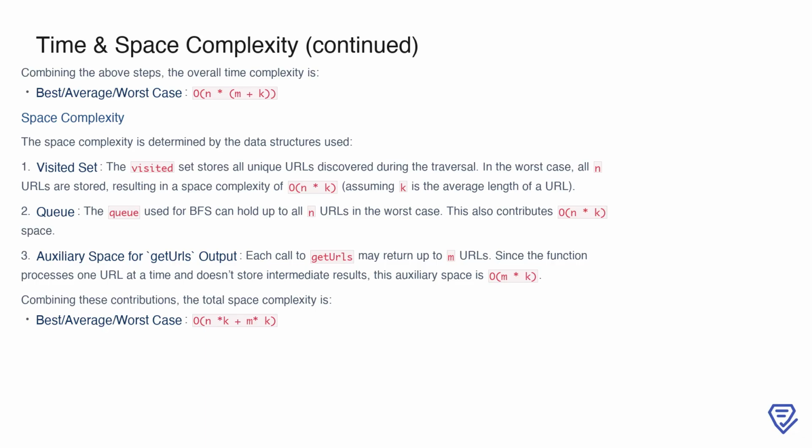Finally, there is auxiliary space used for the output of getURLs. Each call to getURLs may return up to m URLs, and since these URLs are processed one at a time without intermediate storage, this adds O(m*k) to the space complexity. When we combine these factors, the total space complexity is O(n*k + m*k) in all scenarios.